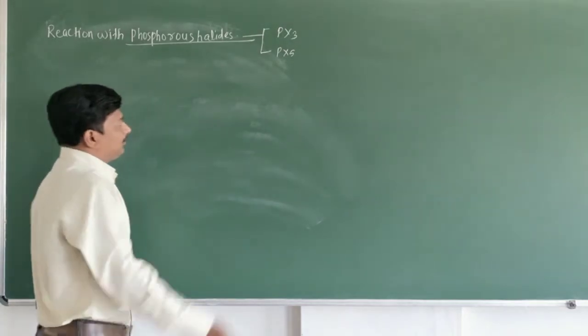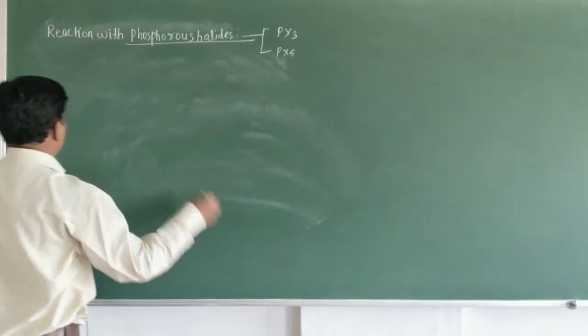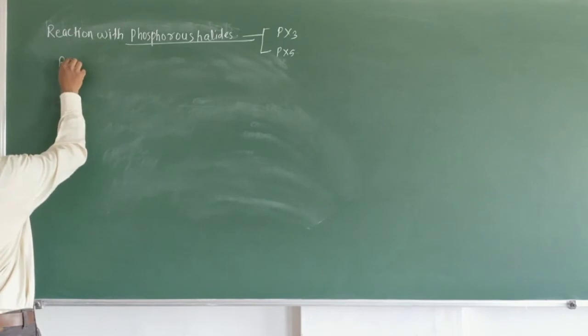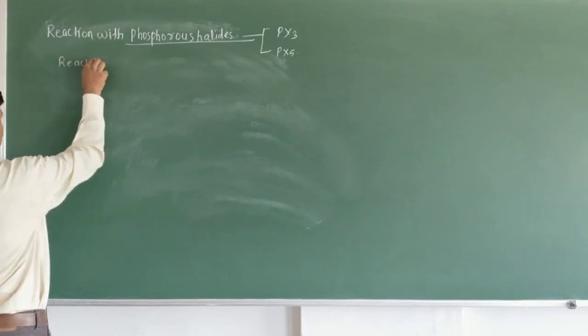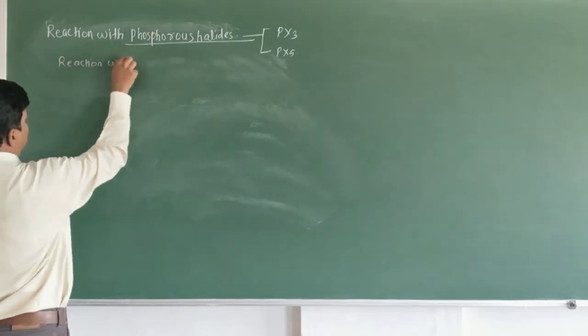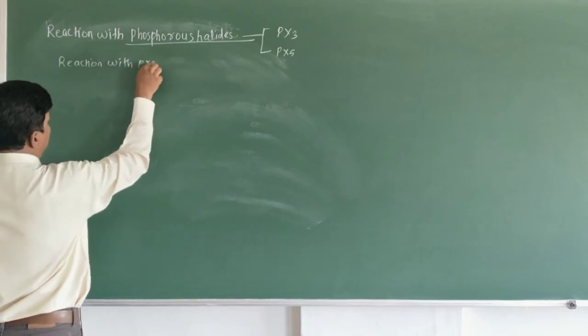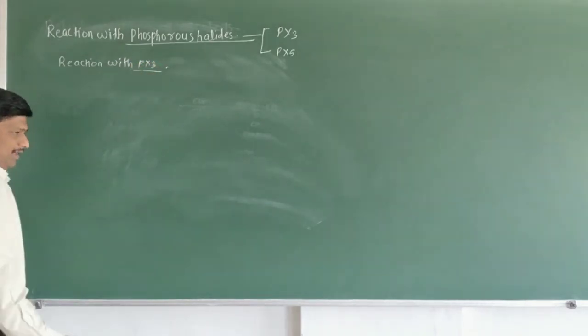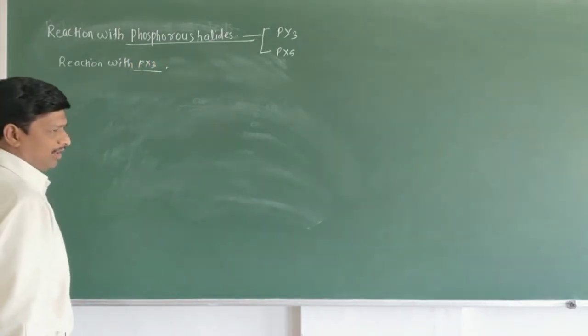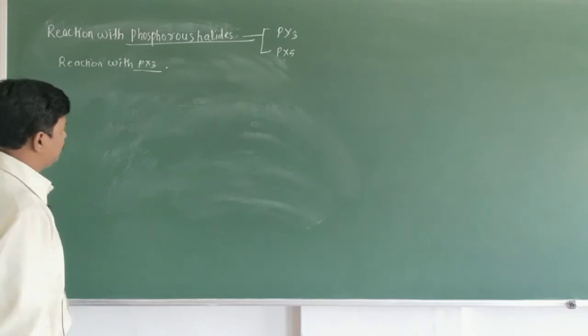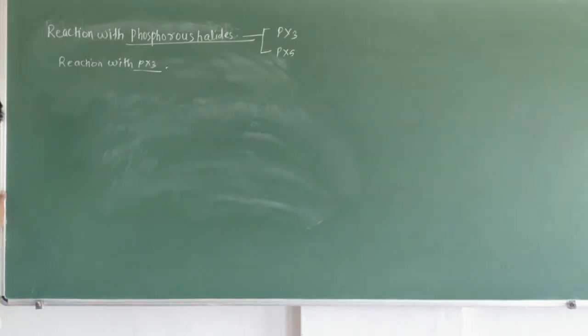Now we will see first of all the reaction with phosphorus trihalides. In these phosphorus trihalides there are PCl3, phosphorus trichloride, second is PBr3, phosphorus tribromide, and third is PI3, phosphorus triiodide.